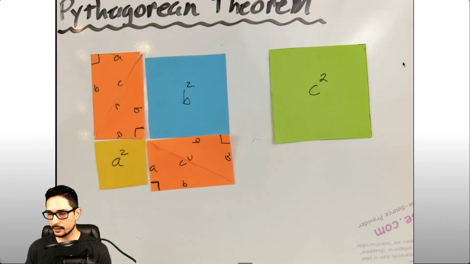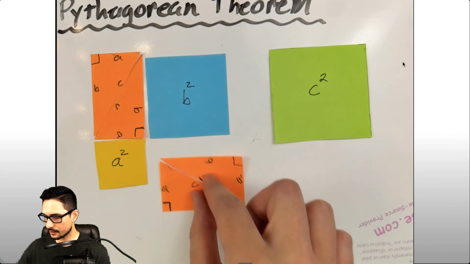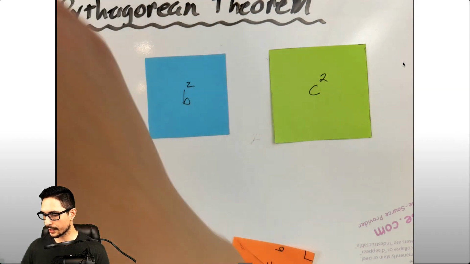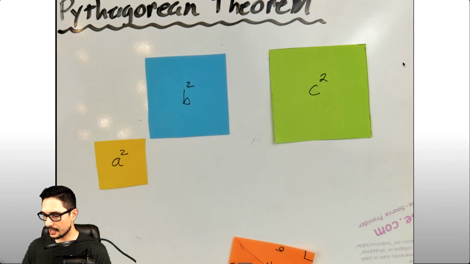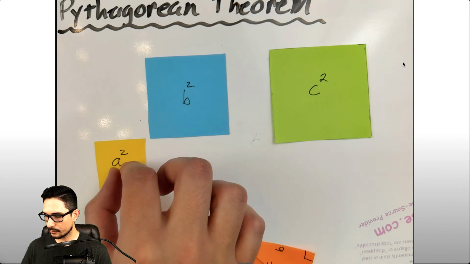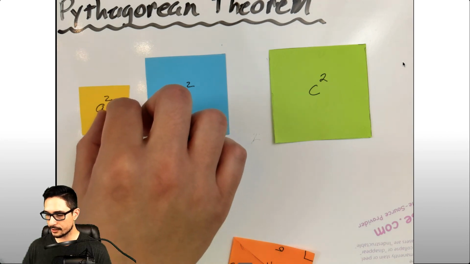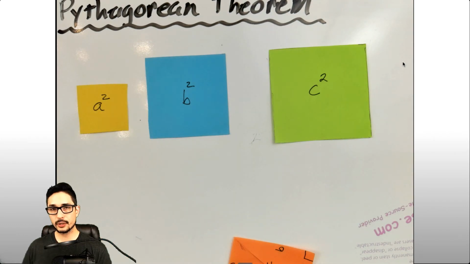We might be onto something here. What this basically shows is, if I take these little orange pieces away, these three colors represent the negative spaces in that square that we made.